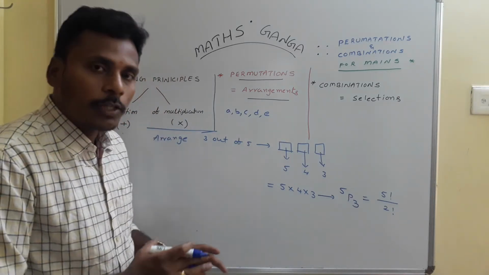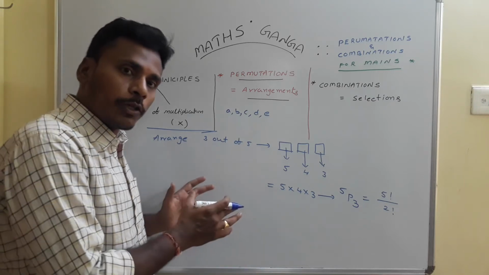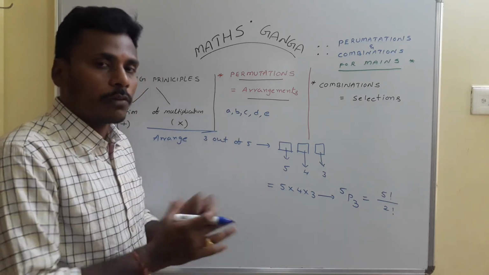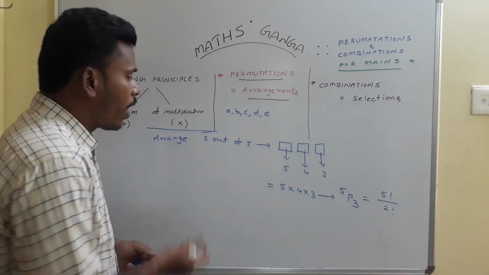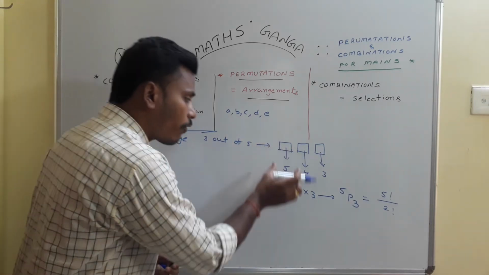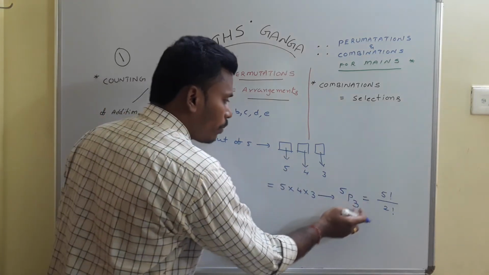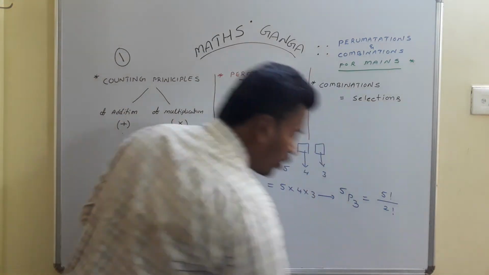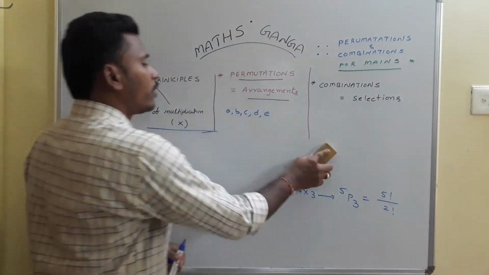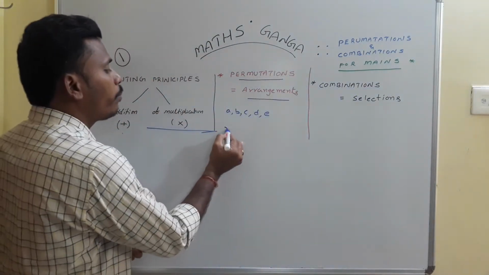As per the problem and the situation, you need to decide which one is useful, either the counting principle of multiplication or the concept of permutation, right? So permutations of 3 objects out of 5 is nothing but 5 into 4 into 3, which is 5P3, and that is 5 factorial by 2 factorial. With this idea, the notation for permutation is developed. And finally, nPr.